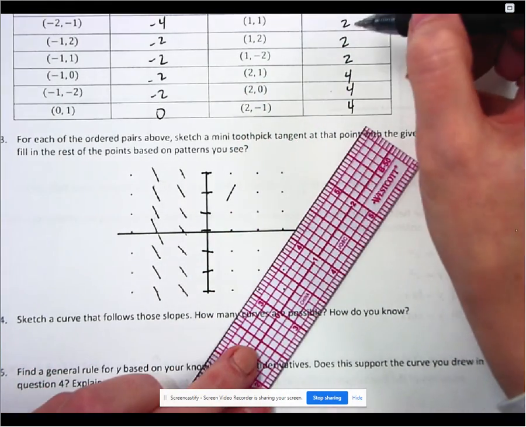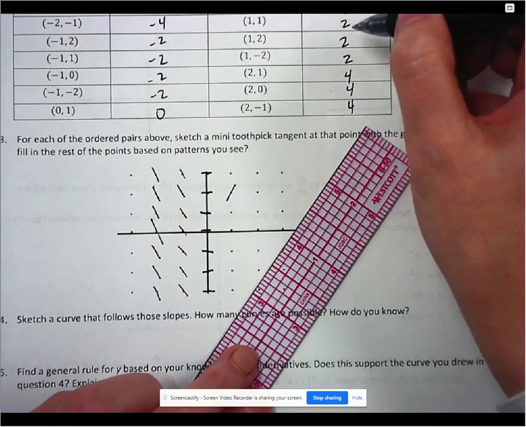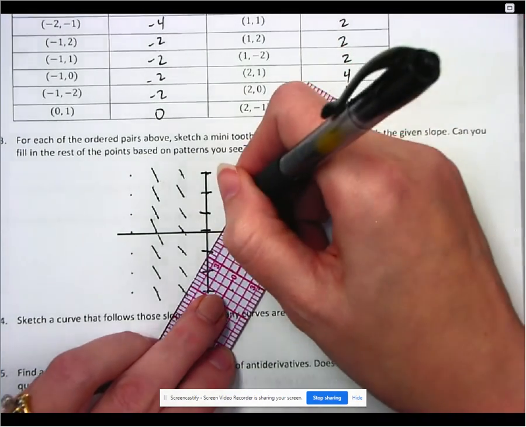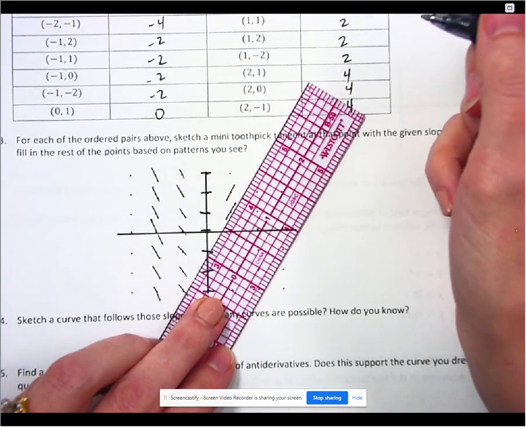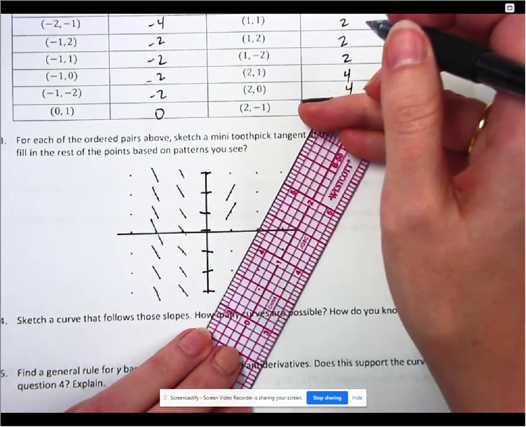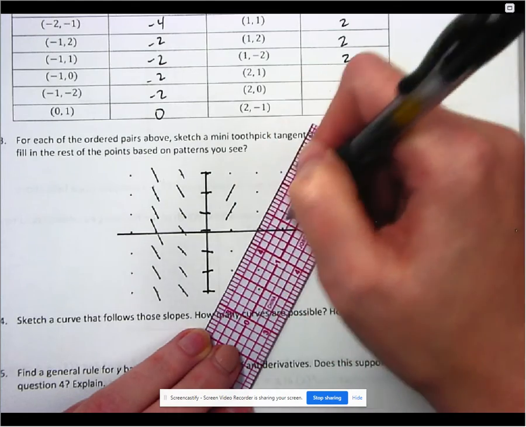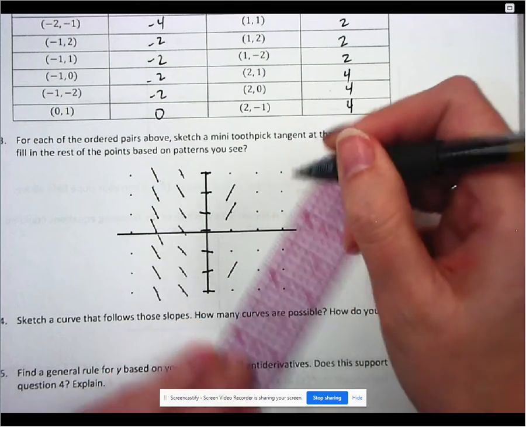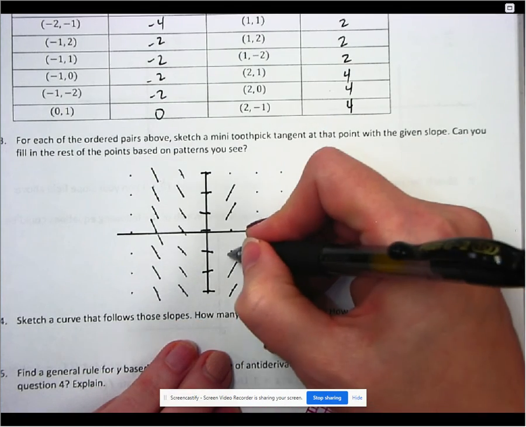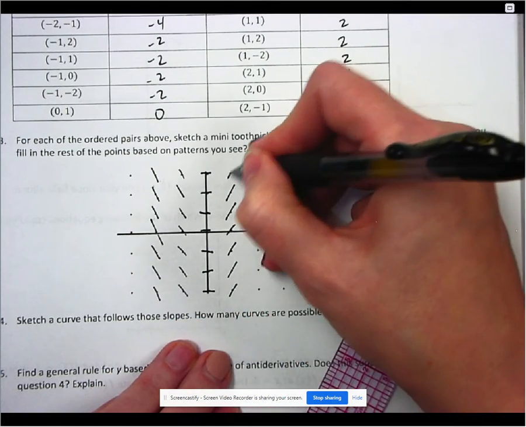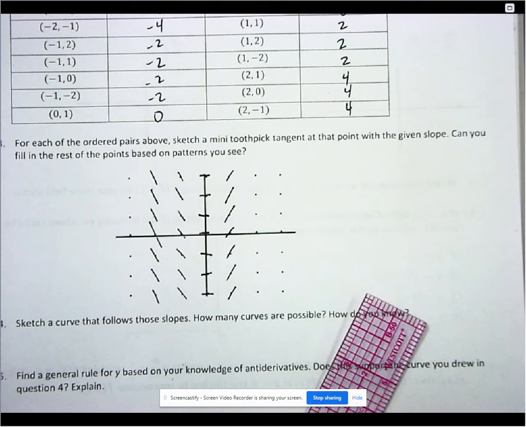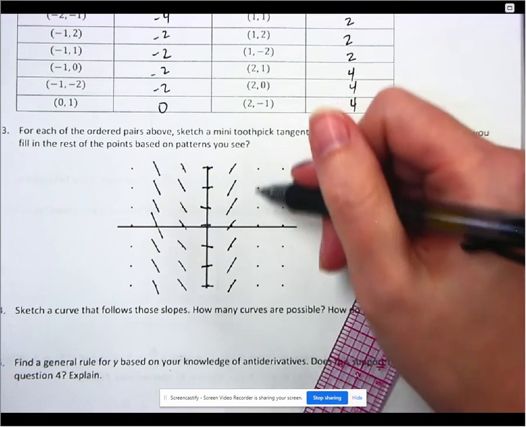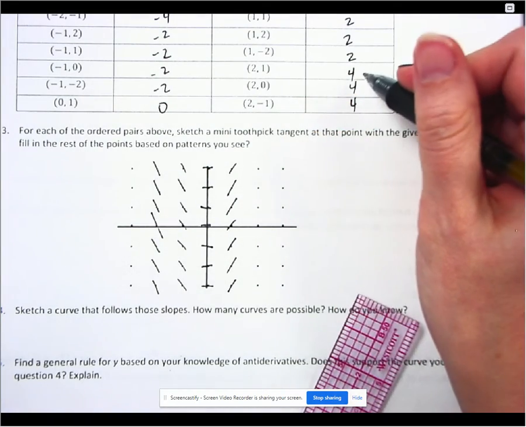All right. 1, 1 was before that one. I missed it. 1, -2. Can go up 2, right 1. All right, and then I'm just going to kind of mock that angle. Okay, and then the next column, we're all going to have all 4s.